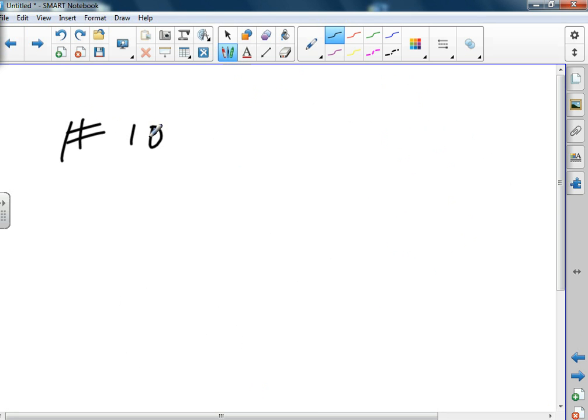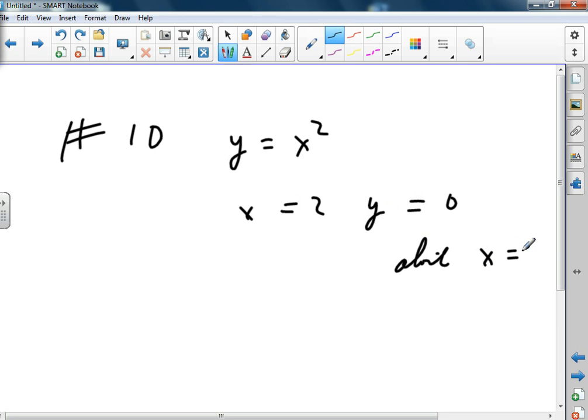So I've got y is equal to x squared, x is equal to 2, y is equal to 0, and we're going to go about x equal 2. Okay, well, that's too much information. Okay, so there's my graph.